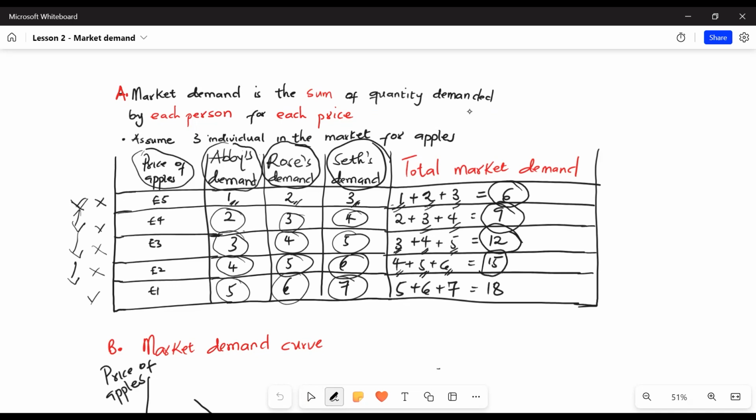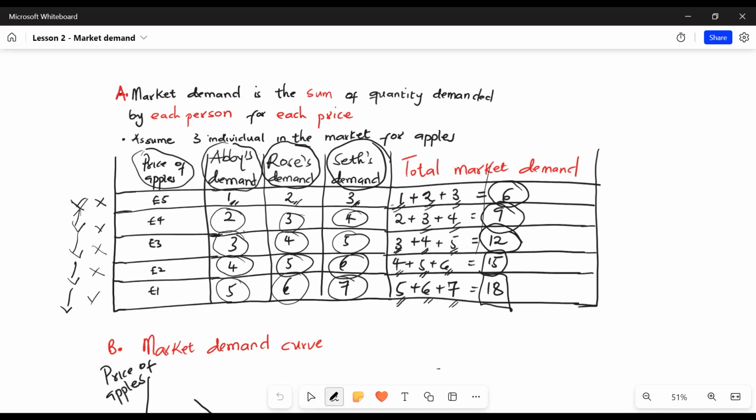The sum is 15 apples at price 2. When price further decreased to 1, Abby's demand is 5, Rose's demand is 6, and Seth's demand is 7. The sum of which is 18 at price 1.